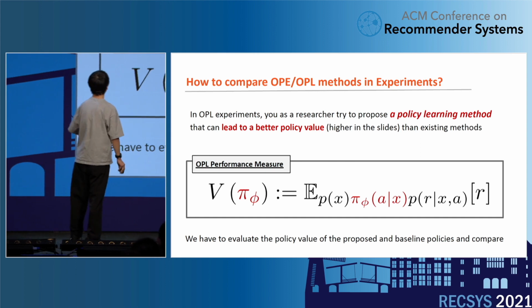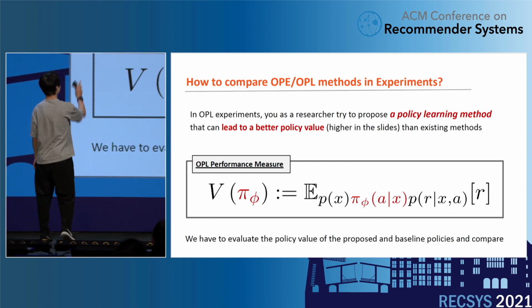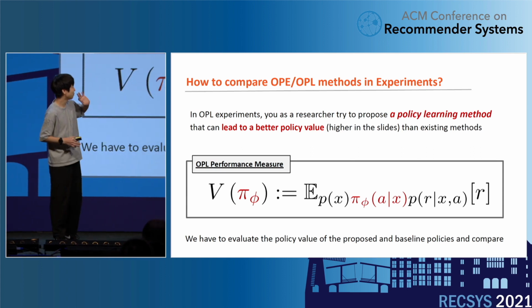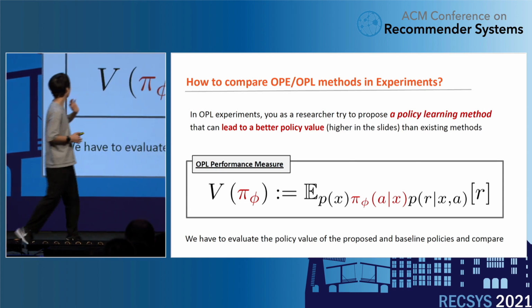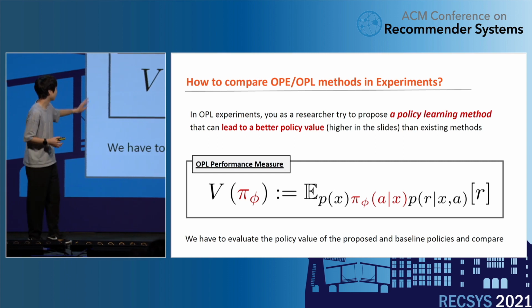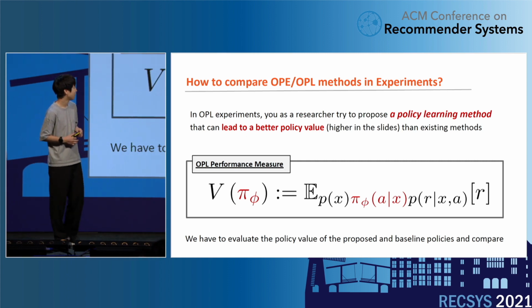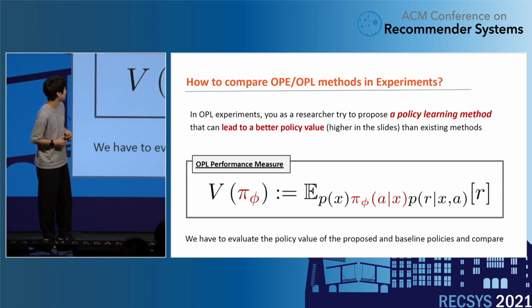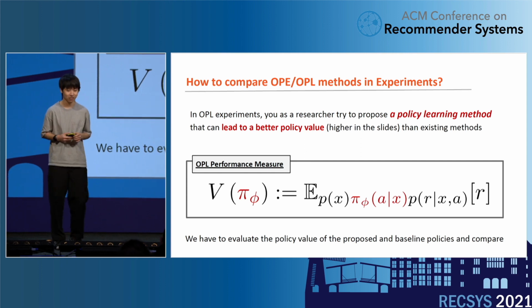In an off-policy learning experiment, you as a researcher try to propose a new policy learning method that possibly leads to a better policy value than some existing methods, right? This is a very basic motivation for a policy learning experiment, I think.